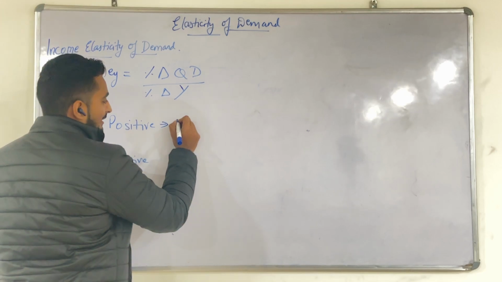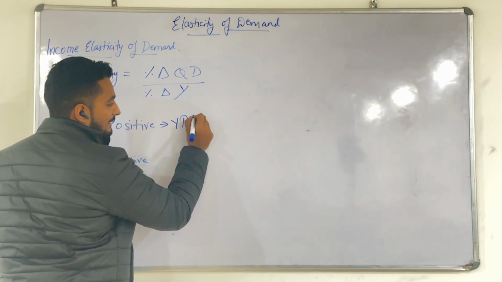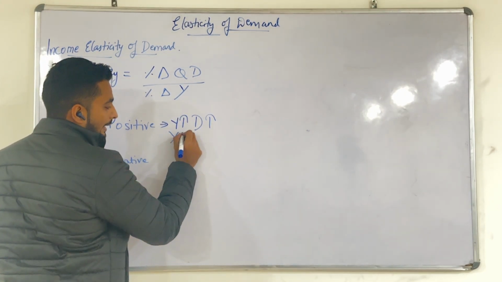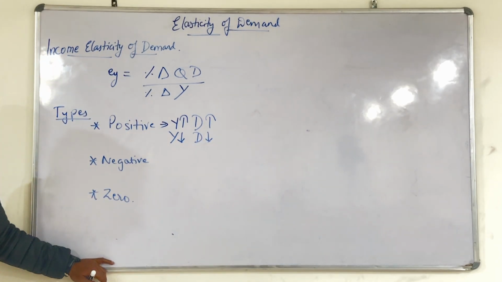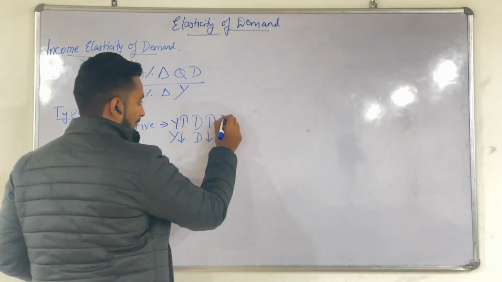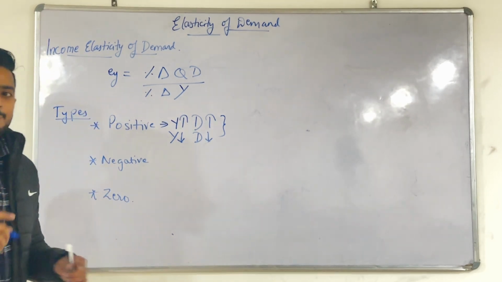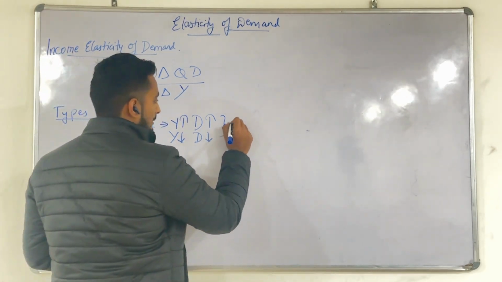Now, positive means income increases, demand increases; income decreases, demand also decreases, which shows a direct relationship. This case happens in normal goods.